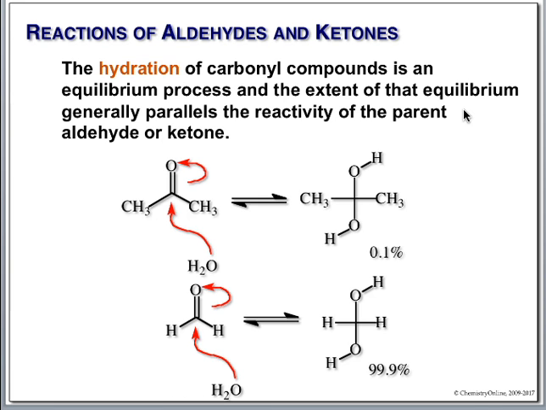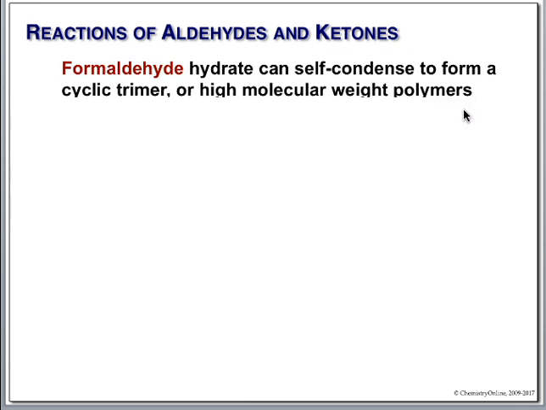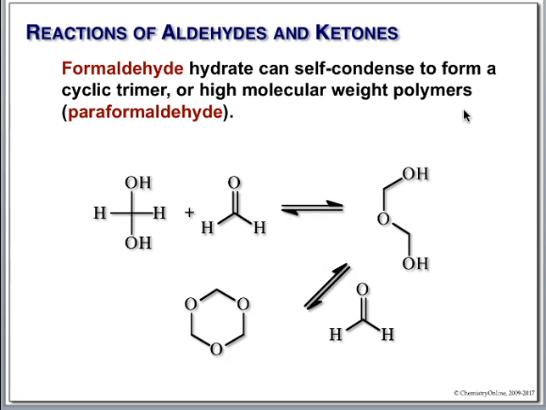Now, actually, formaldehyde hydrate is a very interesting product of commerce. Very highly hydrated. If you take formaldehyde hydrate, you can add another formaldehyde to it, so one of these oxygens forms this guy. Again, we have two more OHs. We can wind up with what's called trioxane.